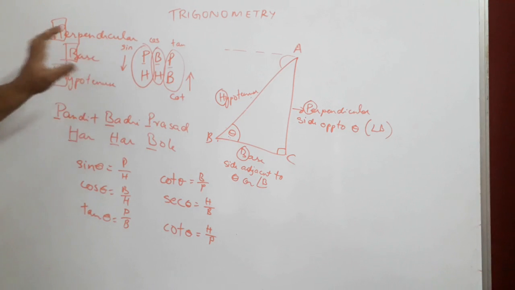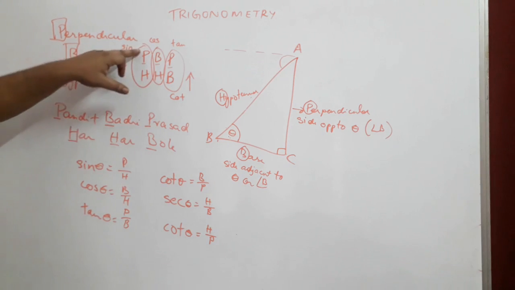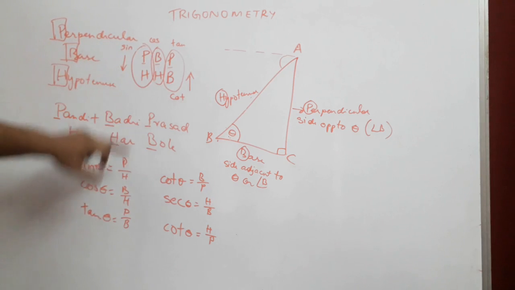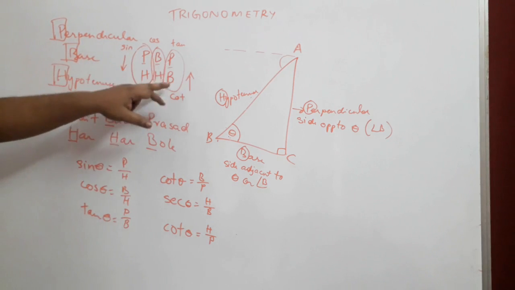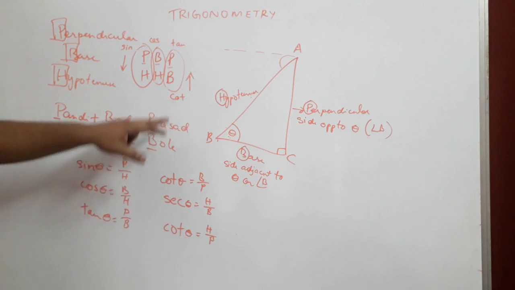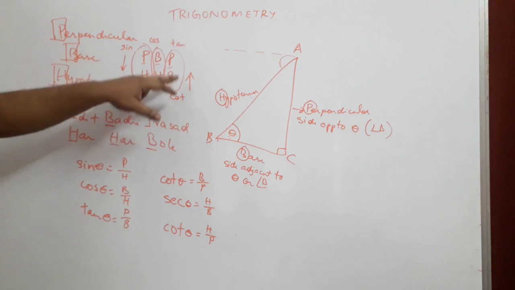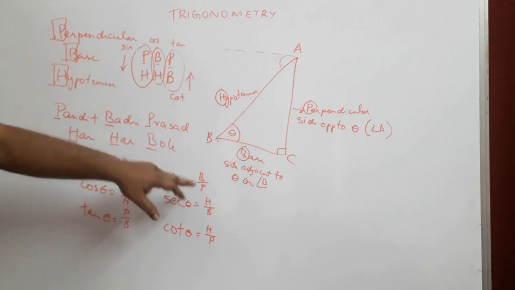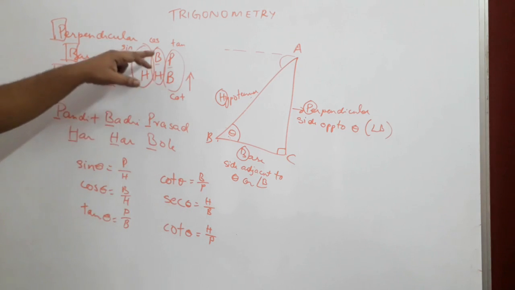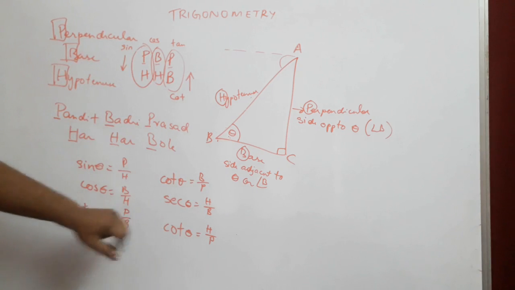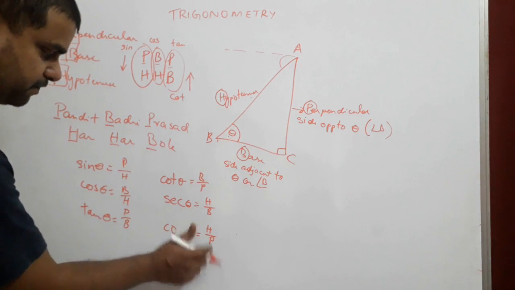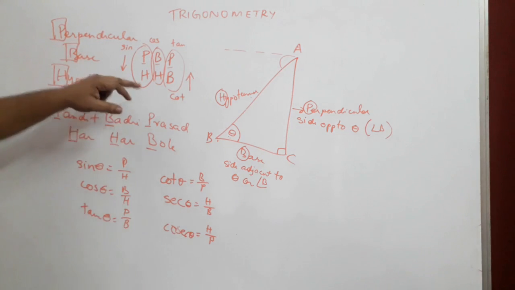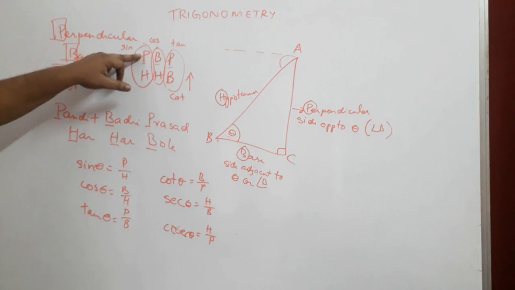Just follow what is happening. Sin theta I said is P upon H, cos theta is B upon H, tan theta is P upon B, cot theta is reverse now. We came down, now we go back to where we came from. B upon P here, sec will be H upon B, and this will be cosec theta. Cosec theta will be H upon P.